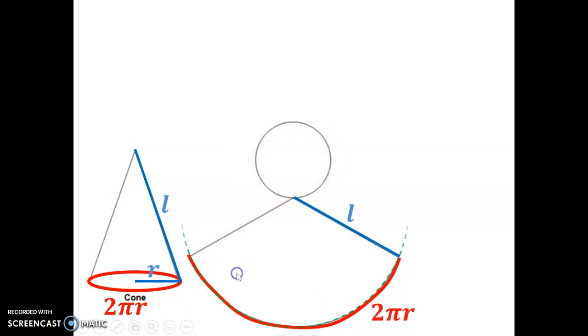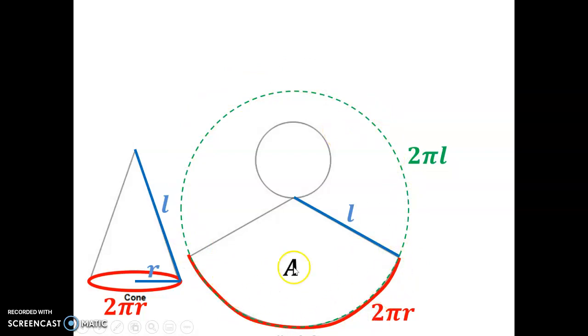Okay, let's keep going. If you completed this circle, this part here represents a portion of the full circle. So we know that the full circle's circumference would be 2 pi l, because this L is now a radius of this full circle. So that would be the full circumference, but we only have this part here, 2 pi r. So check this out. We need this area here to get the lateral area.